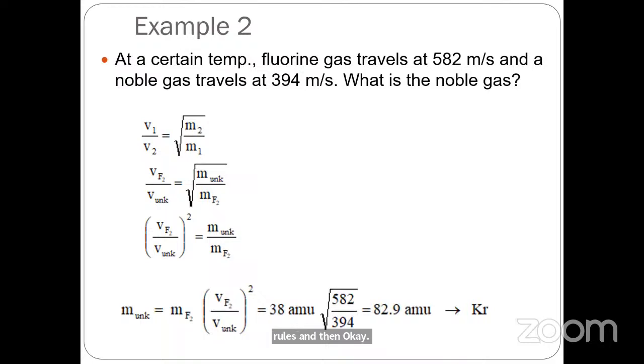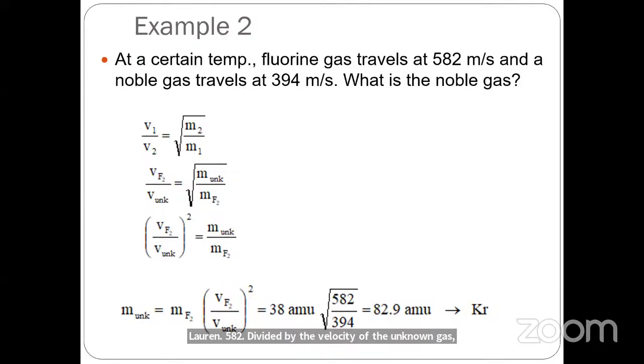So if you make the mass of the unknown the subject of the formula, it's going to be the molar mass of chlorine, 38, multiplied by the velocity of chlorine, 582, divided by the velocity of the unknown gas, 394.